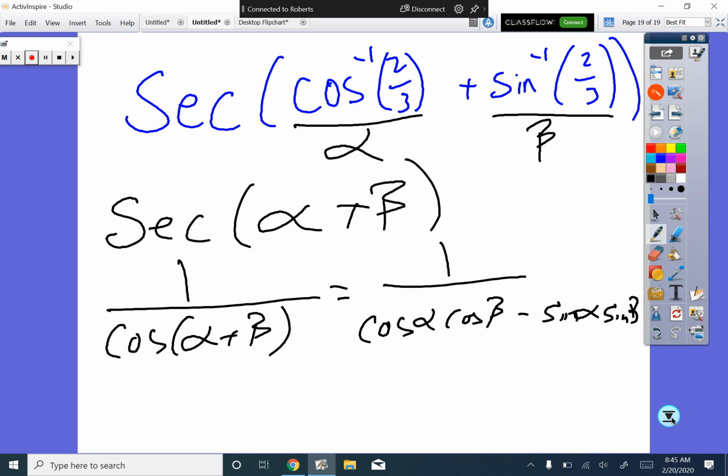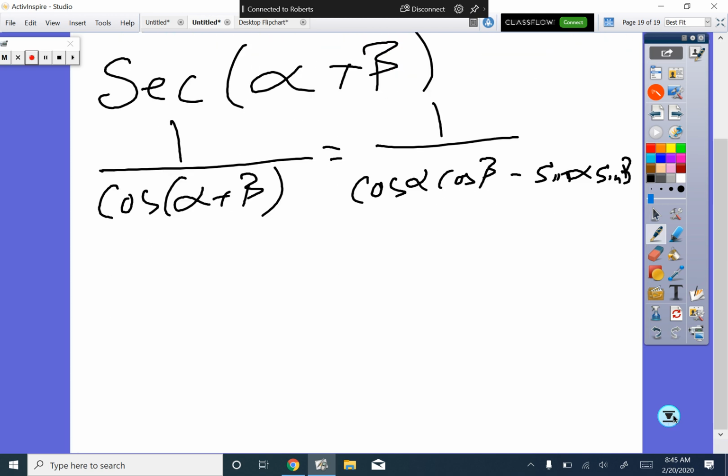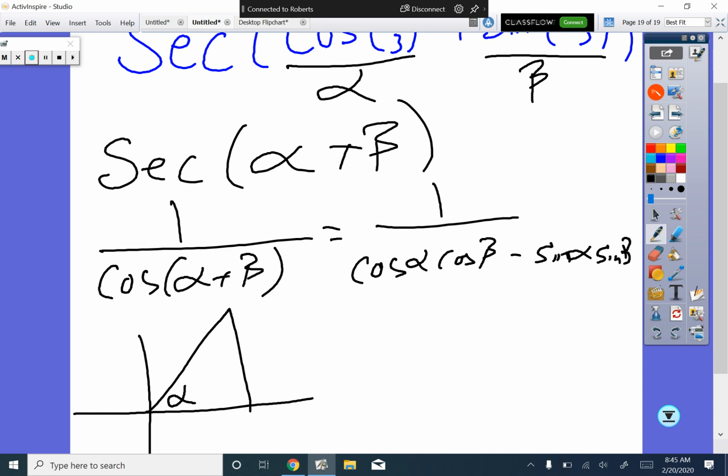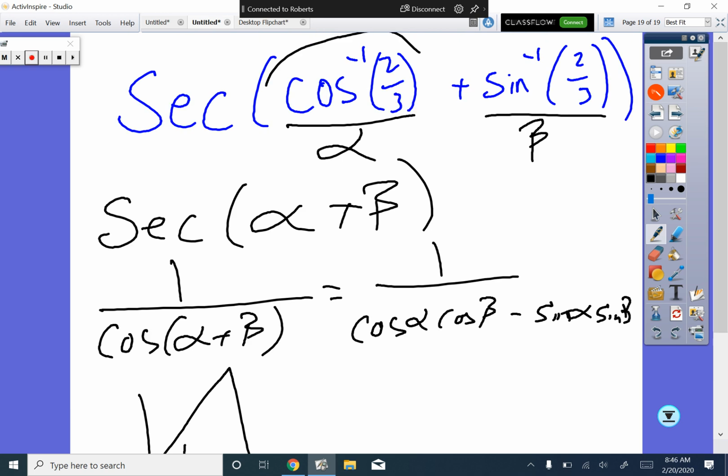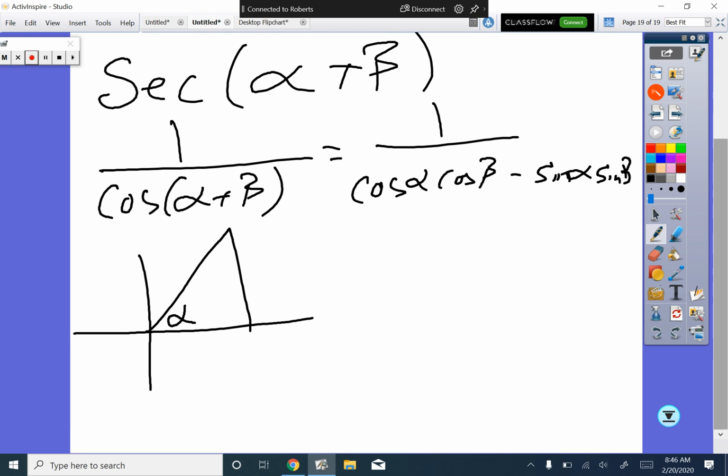Probably need to draw what? Triangles. So let's do alpha's triangle. Which quadrant is he going to be in? Because it does say arc cosine of 2/3. Quadrant 1. So we're going to do 2/3. This guy's root 5.